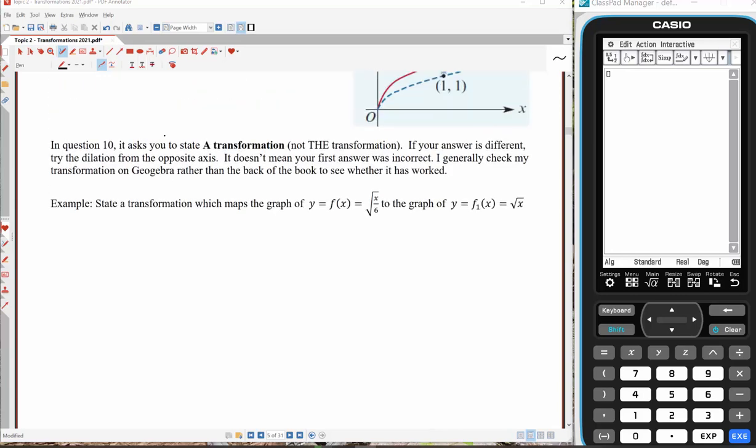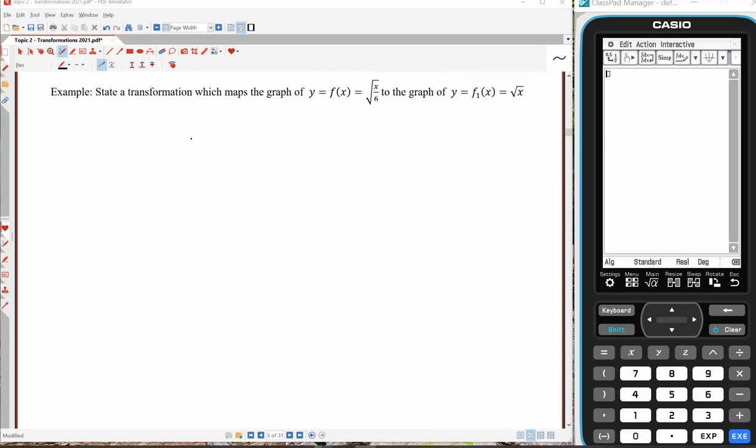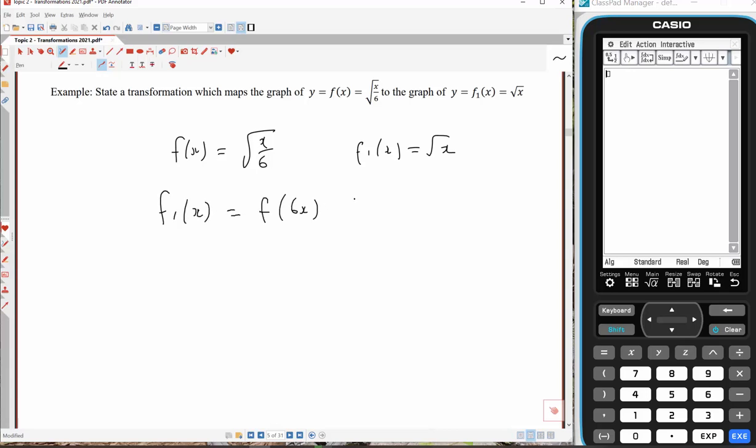I think we got up to this question here: state a transformation which maps this graph onto this graph. So we've got f of x equals x over 6, f1 of x equals root x. Now, what would I drop into f of x to make f1 of x? So f1 of x would be f of 6x, I believe.